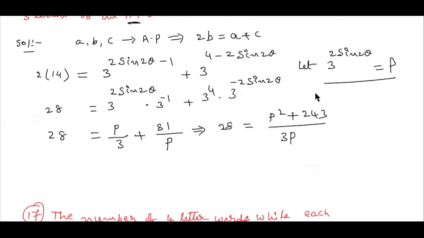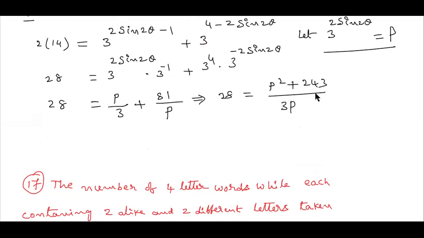Now take the same value to the left hand side. 28 into 3 is 84, so we get 84p. Sending it to the right hand side, we get p square minus 84p plus 243 is equal to 0.